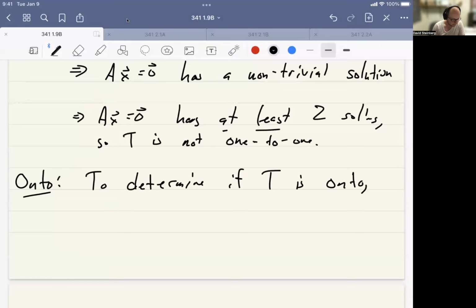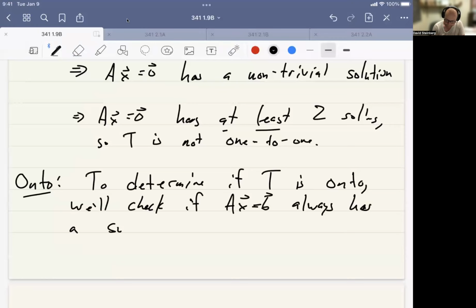So we're going to check if AX is equal to B always has a solution for any vector B.